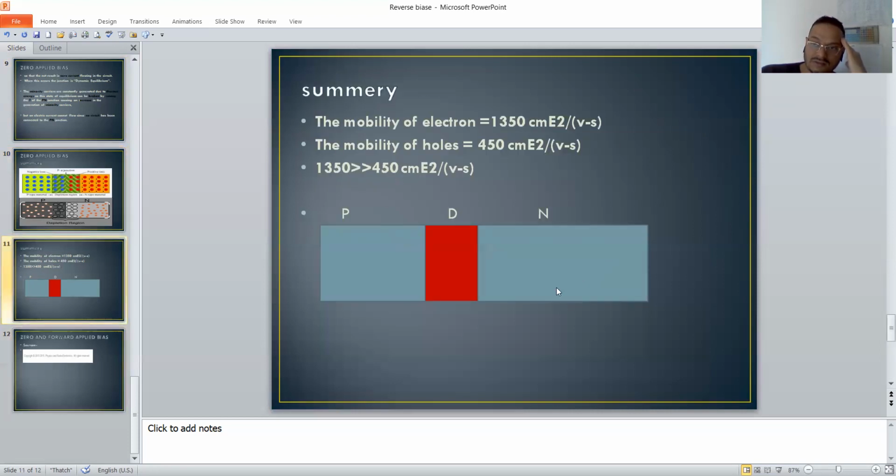Like I put it here, the N region is bigger than the P region, and the depletion region will be between them, not at the center of this PN junction, but always between these two types.